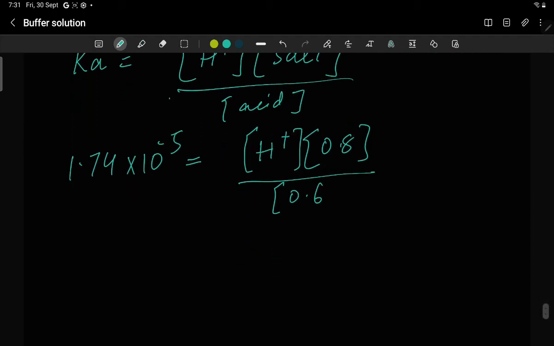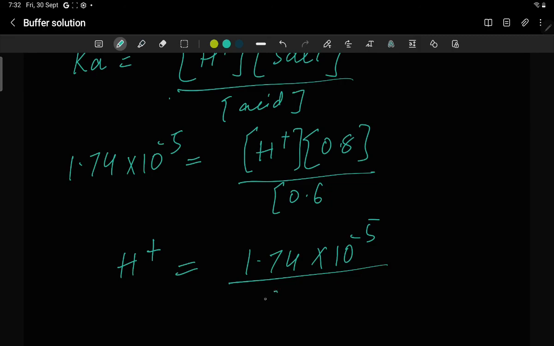So H positive is equal to 1.74 into 10 raised to minus 5 into 0.6, cross multiplied, divided by 0.8.